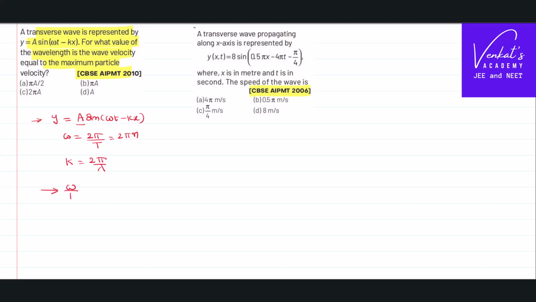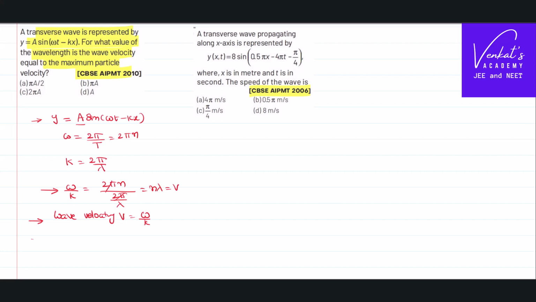So omega by k becomes 2 pi n by 2 pi by lambda, which is n lambda, that is equal to v. So in the given equation, we can write wave velocity v as omega by k.